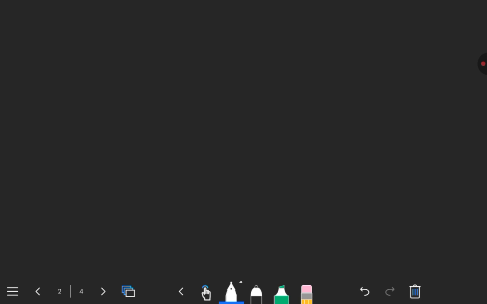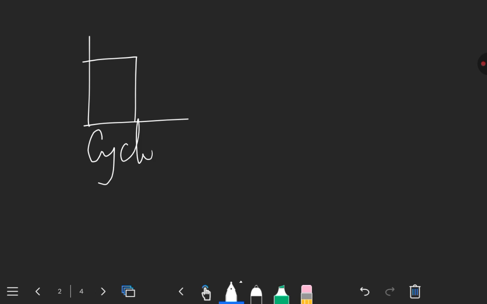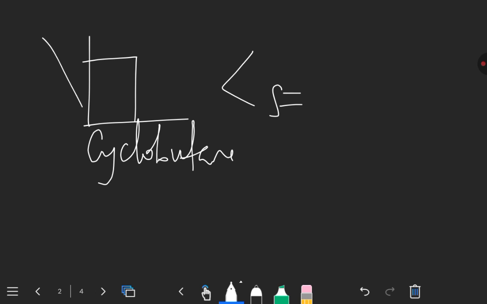Then if we have a structure in this manner, which is a cyclobutane, this is our reference point. This angle is the one we are looking for. So let's say we have 19 here.